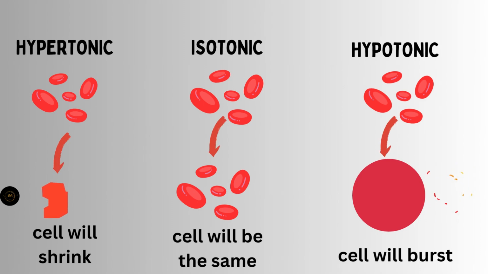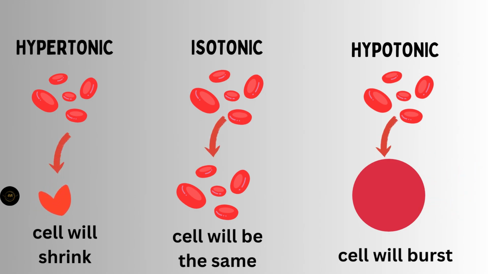What does this situation mean for red blood cells? It actually means that they will shrink, and of course that's not good for them, because then they cannot perform their function, and because they shrink, this process we call plasmolysis.